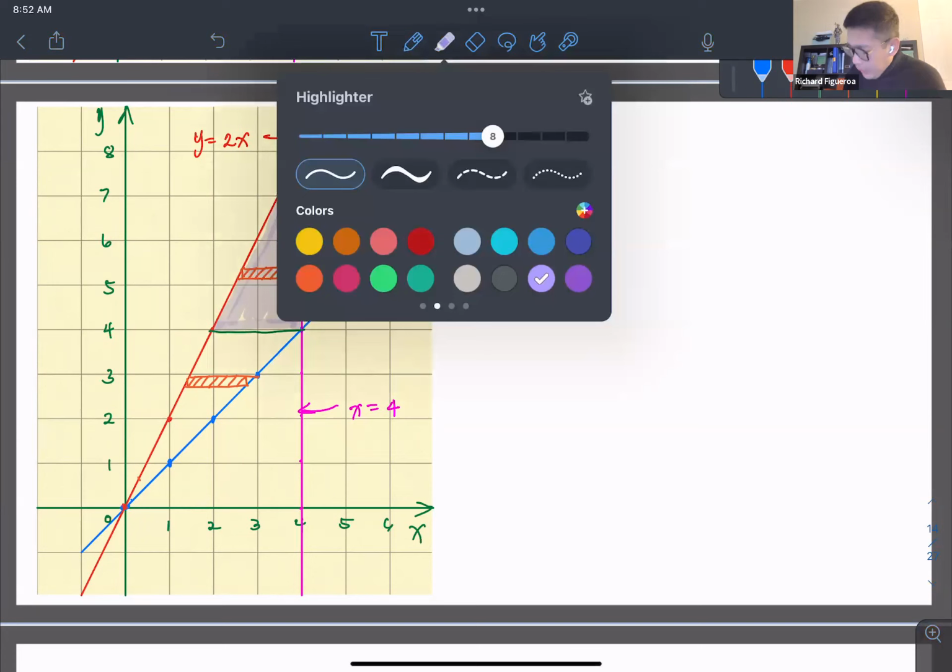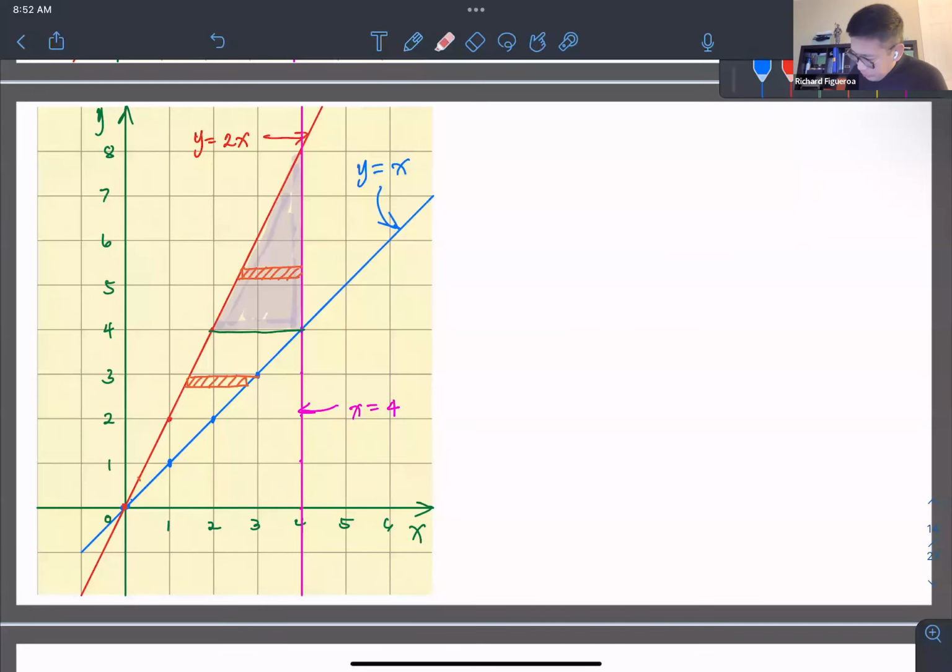The second area, that is from the red one, or the blue to red. Itong blue na buong ito at saka yung red. So this is the second area. So kaya I'm going to represent this one as the first area, area 1, and the second one is area 2. So did you get that idea?